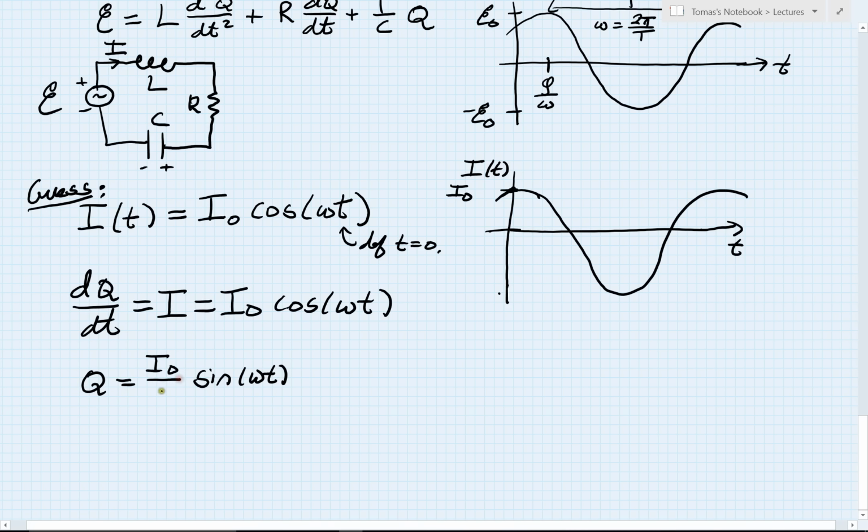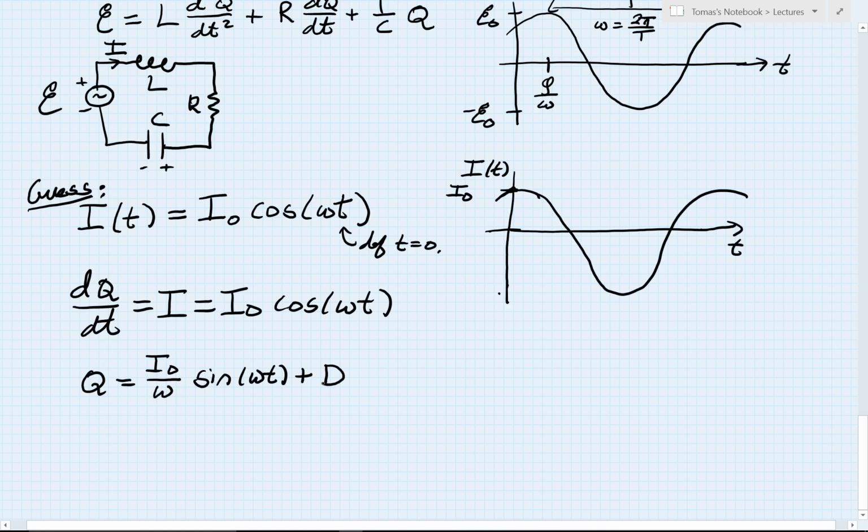So it should be I naught over omega. When I take the derivative, the omega comes out and cancels. The sine turns to a cosine, and I've done my integral appropriately. There's just some unknown constant shift that I also have to include. We would typically write plus capital C, but we have the capacitance in here as a variable, so I will call that plus capital D.